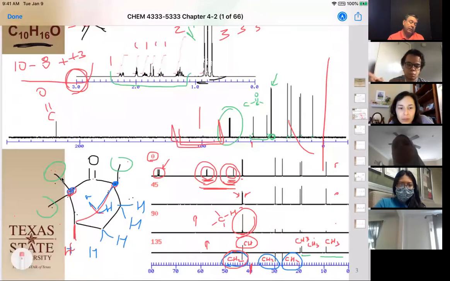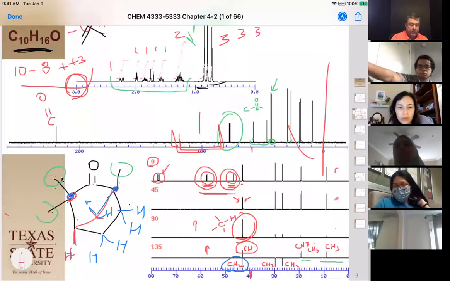We have a total deficiency of 3. We have a carbonyl, and let's see, we have 1, 2, 3 CH2s, and they're all different. And we have 1, 2, 3 CH3s, they're all different, and they don't look split.